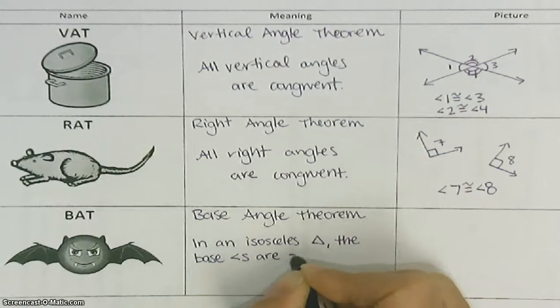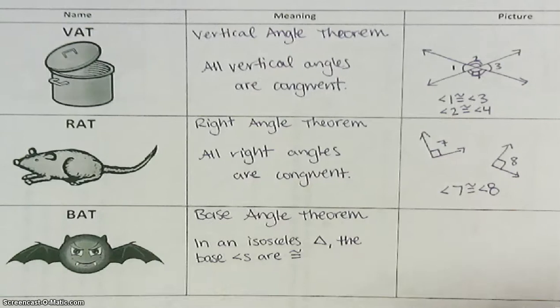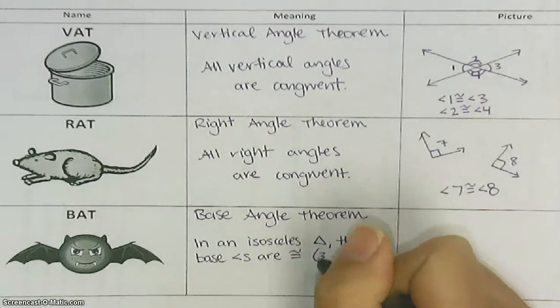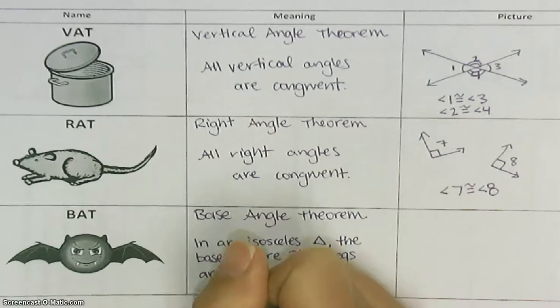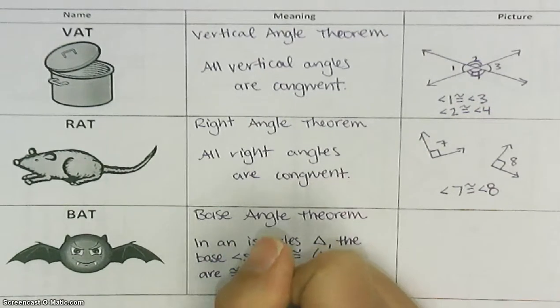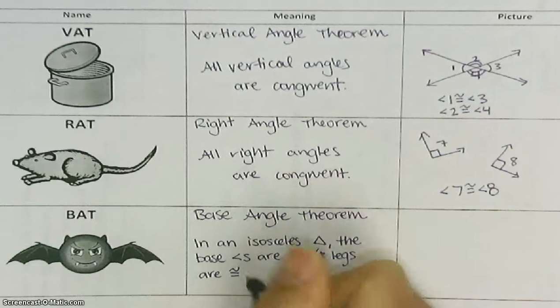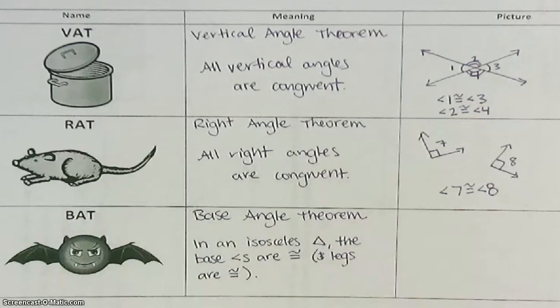Or you can do the converse, which would be if the base angles are congruent, then the legs are congruent. So we'll just put that in here. You can go either way. If you see base angles, you know legs. If you know legs, you know base angles.